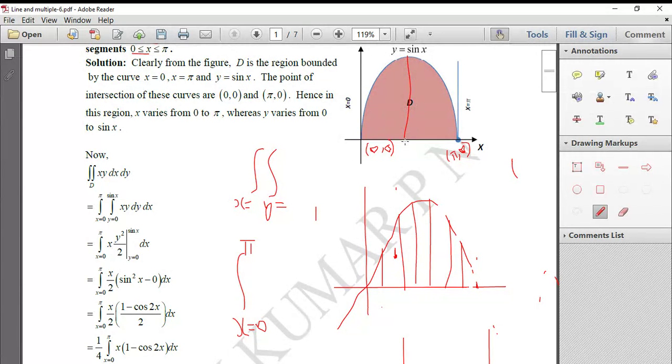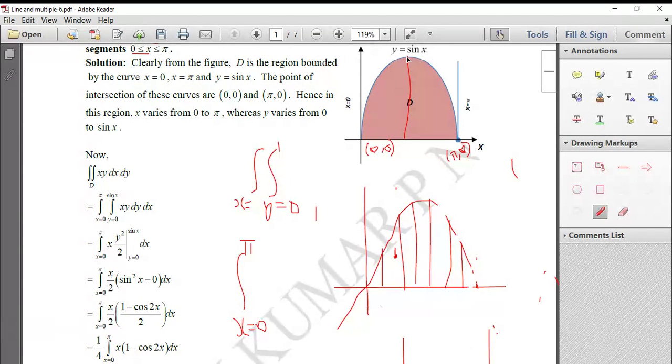So the height is 1, but what is your y here? On the x-axis, y is 0. So can I say y is from 0 to 1? Can I say y varies from 0 to 1?